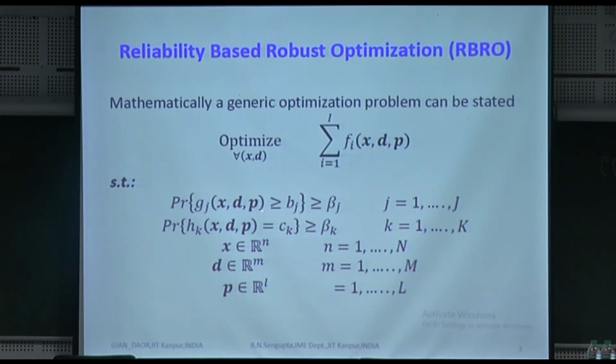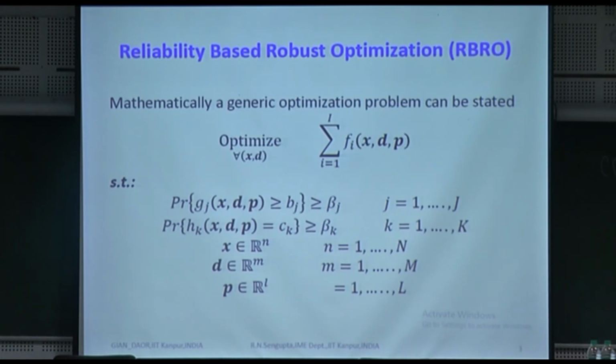So we consider the class of probability constraints both for the greater than type and equal to type, and obviously you can have a less than type also, it doesn't matter. You can have any one, all three, or a combination of the three. I am just taking them as greater than type and equal to type, with probabilities of beta j, beta k. So beta j, beta k are of different values.